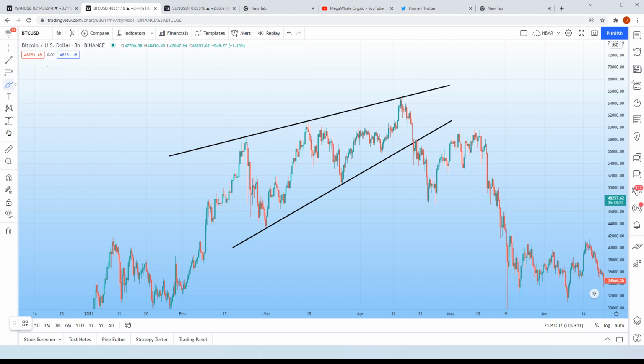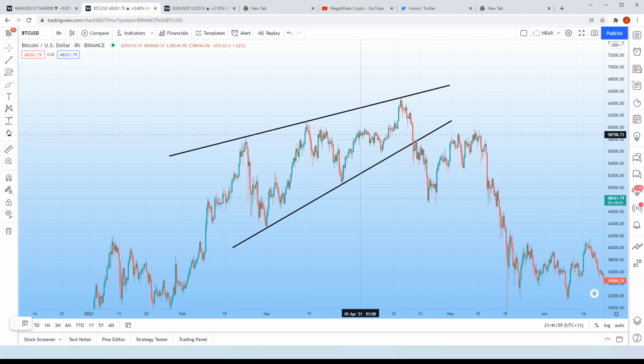If we start breaking it down to smaller time frames, we see these patterns break more often than not. But in the larger time frames, they hold a little bit more validity and they're a lot stronger. So we can see over here, this was February 17th to April 20th, so about 2 months, a 2-month wedge.